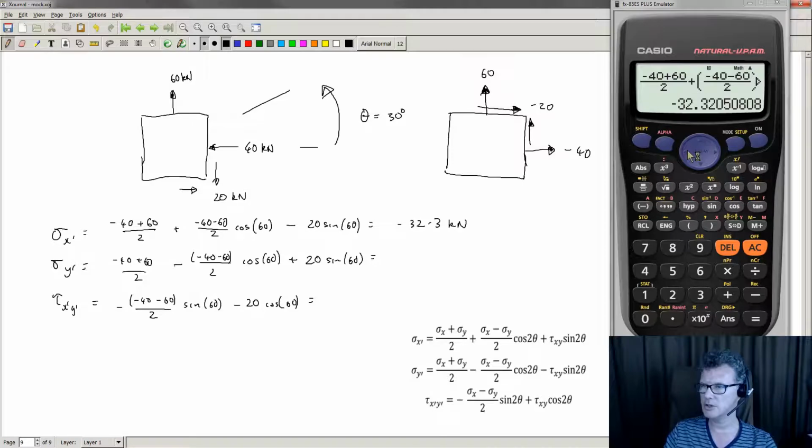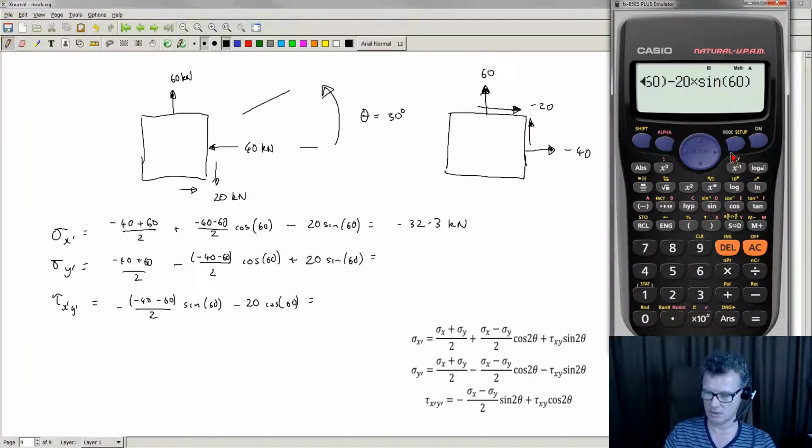Let's see if we can go back and change signs and find our y dash.